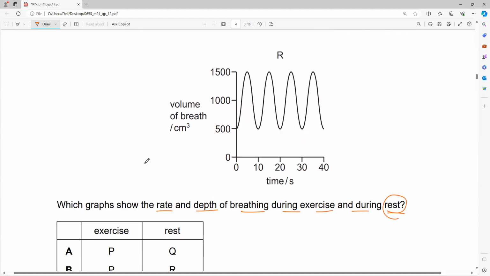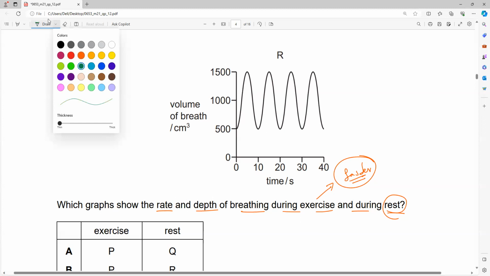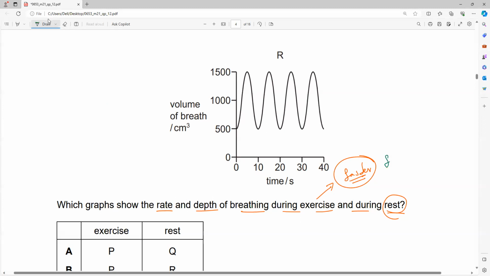During exercise, is the breathing rate faster or slower? Faster. Faster in the sense that the frequency of the graph keeps increasing.